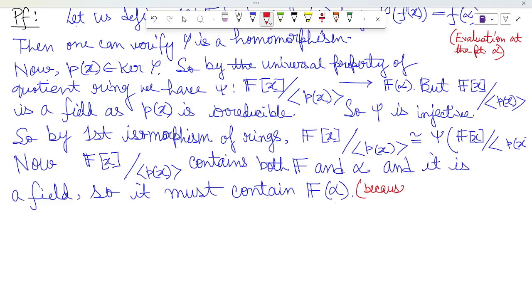What is the reason? Because F(alpha) is the smallest subfield, and it is contained in any field containing F and alpha.